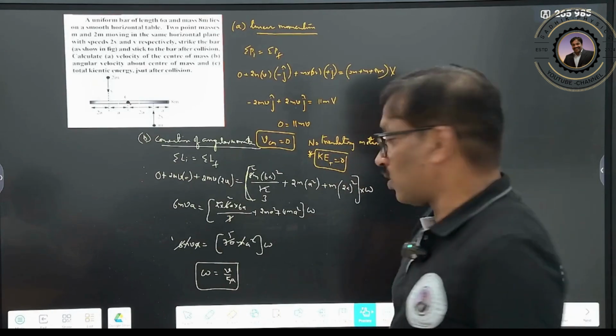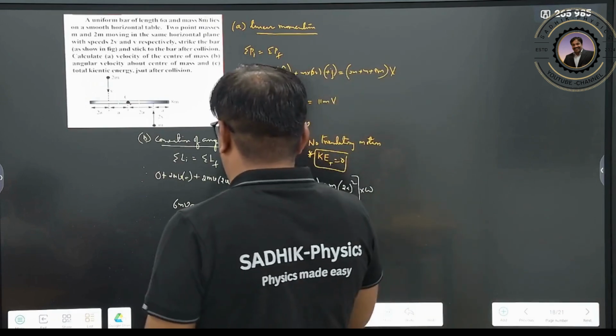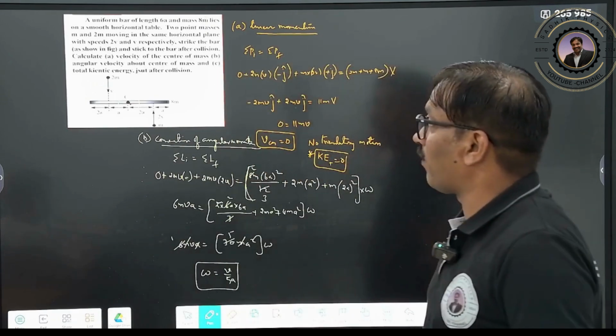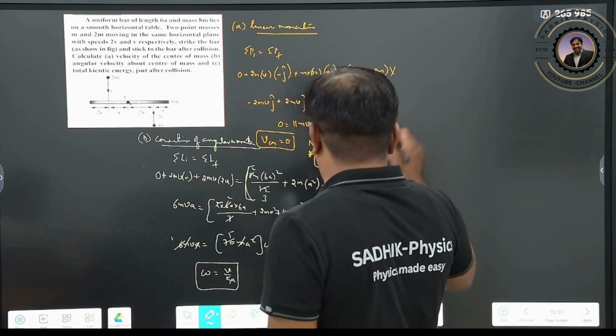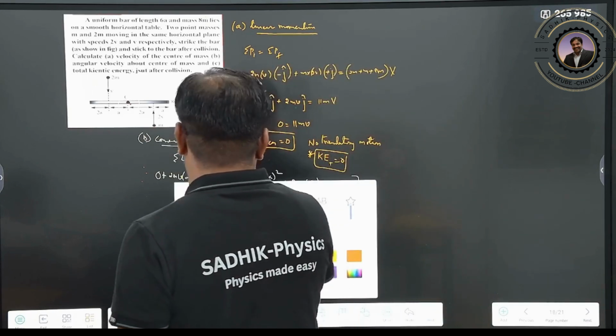Clear? Now we want to calculate the total kinetic energy. It has angular velocity, so rotational kinetic energy will be there. What will be the rotational kinetic energy?